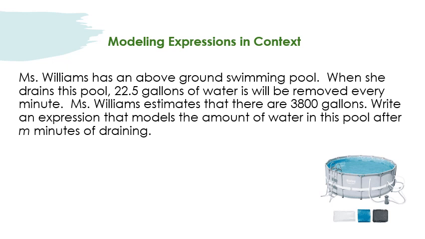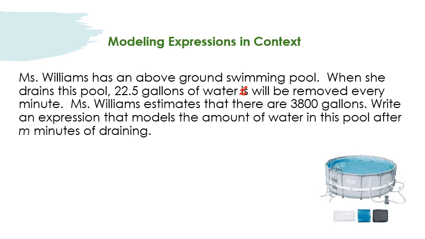When she drains the pool, 22.5 gallons of water will be removed every minute. Miss Williams estimates that there are 3,800 gallons in her pool right now. We want to write an expression that models the amount of water in this pool after m minutes of draining.